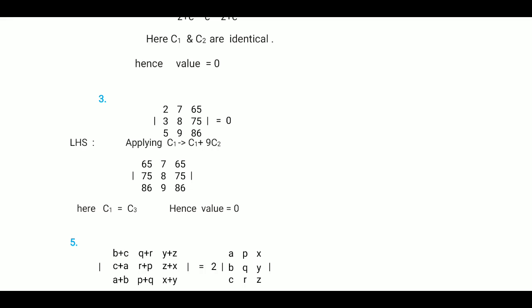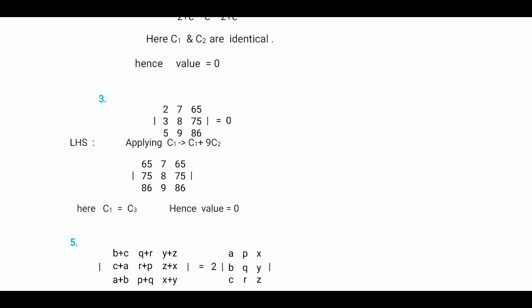A similar process we can apply in question number 3, which has elements 2, 3, 5, 7, 8, 9, 65, 75, 86 equal to 0. Applying the rule, C1 becomes C1 plus 9 C2. We have to see how this number is obtained.